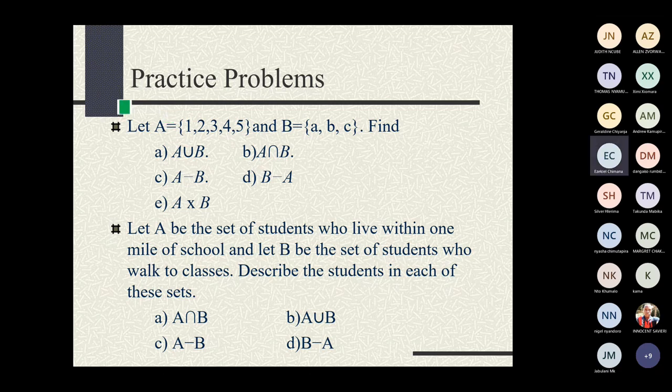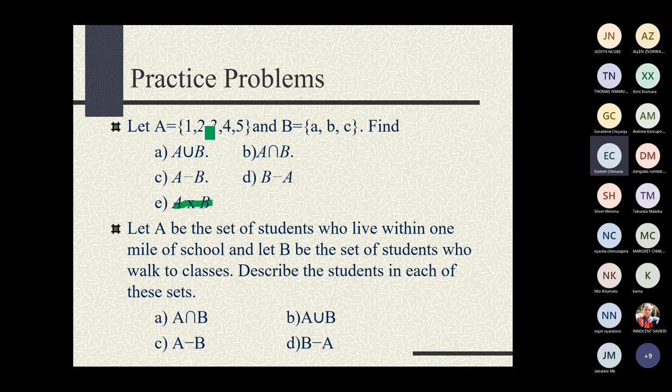You are given A and B, then you are being asked to find A union B, A intersection B, A minus B, B minus A, as well as the Cartesian product. I think you can do all this on your own, just following what we are doing in this lecture.